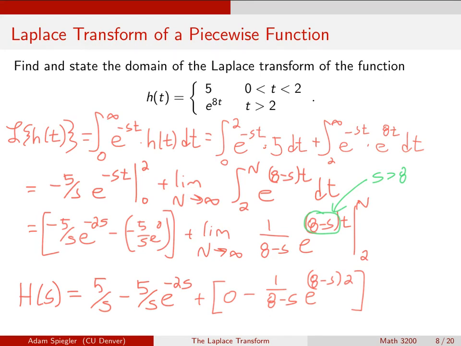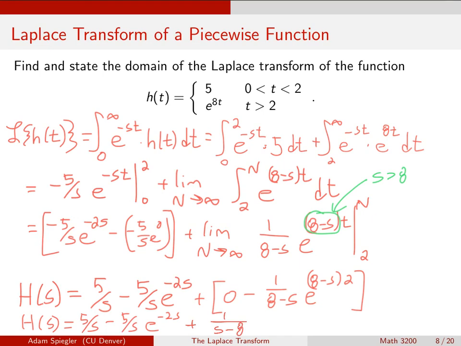Maybe that looks a little odd with that 0 in there, so we could clean this up a little bit if you like, and write this instead as H of s is equal to 5 over s minus 5 over s times e to the minus 2s, and then we can just ignore the 0 and write the minus 1 over 8 minus s.